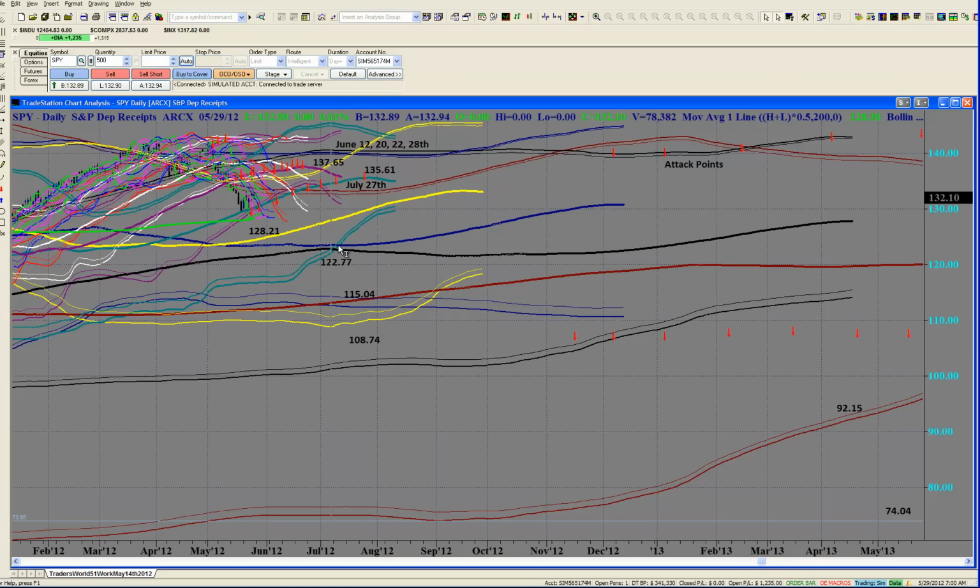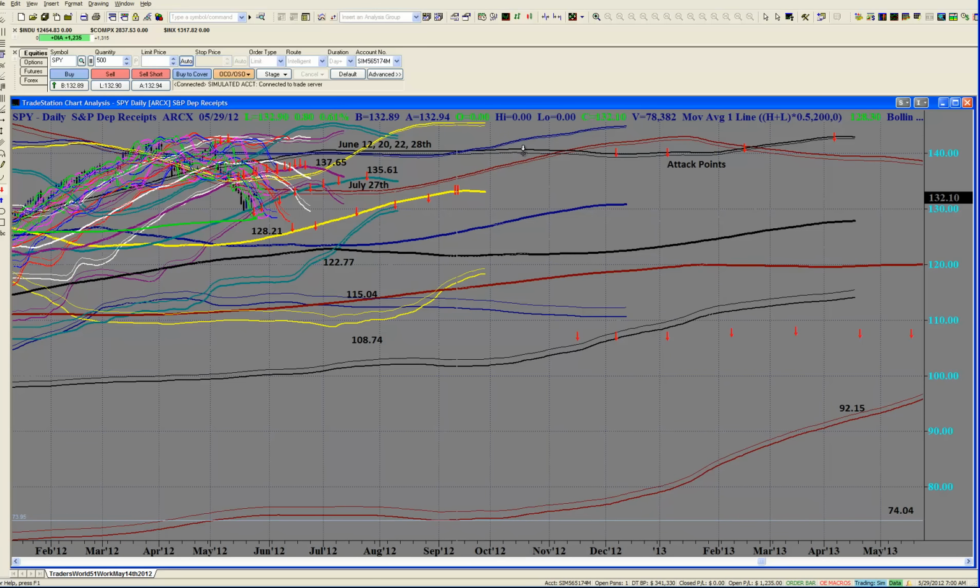But even if it muddles around, it's going to be contained by this yellow boundary.